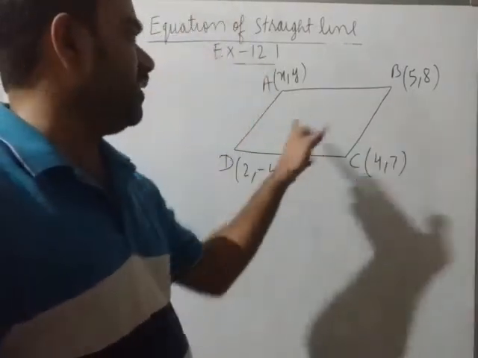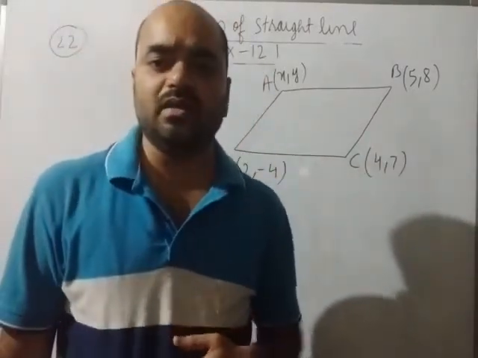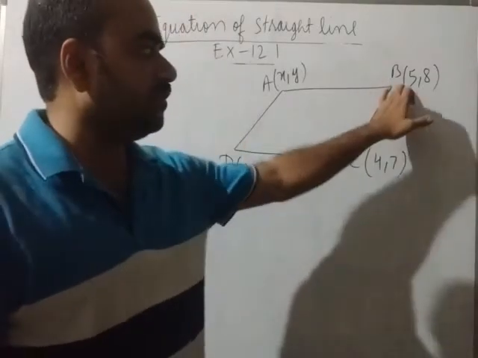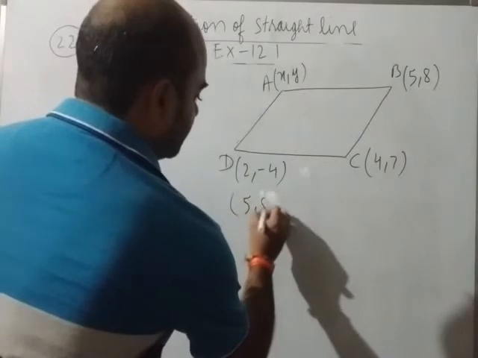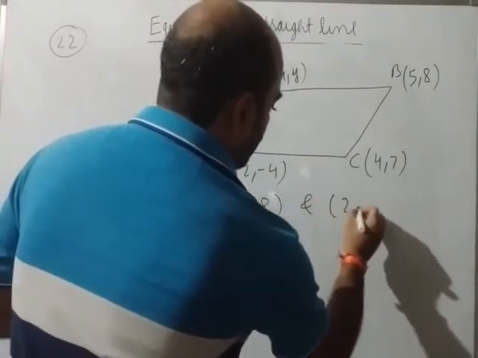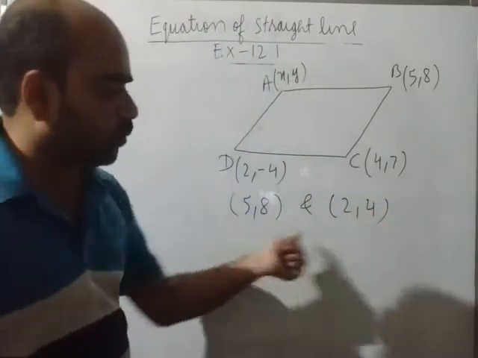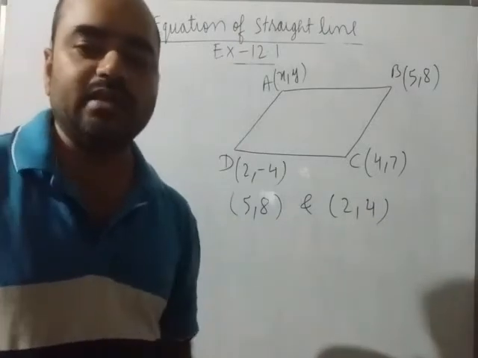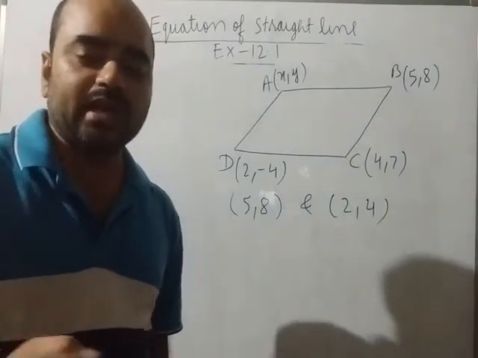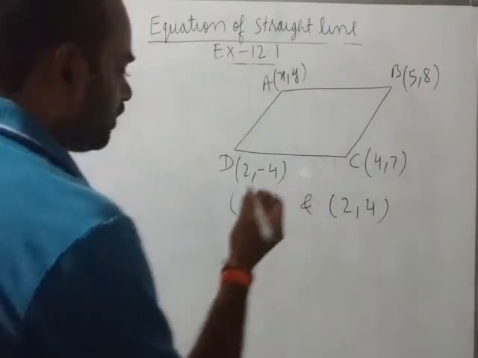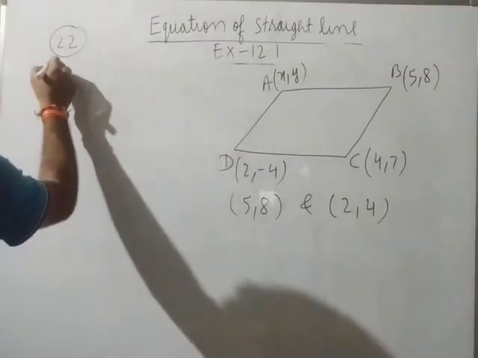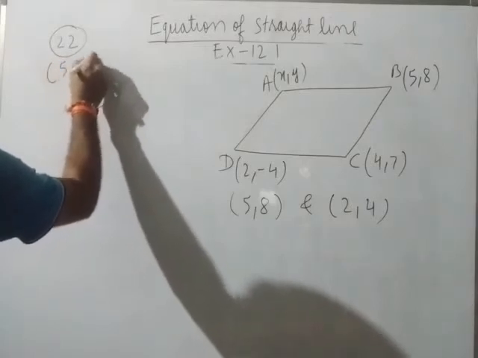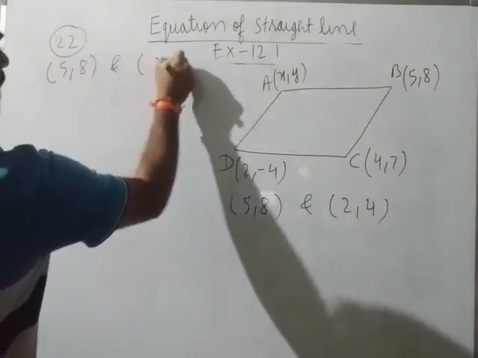For diagonal BD we have no problem. Why? For diagonal BD both the points are given: (5, 8) and (2, 4). If two points are given, we can find the equation of the line directly. See how to find it. Here I am writing directly the two-point form.